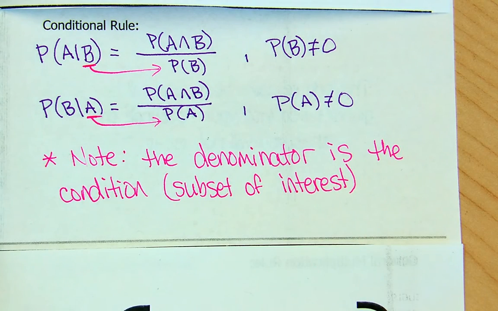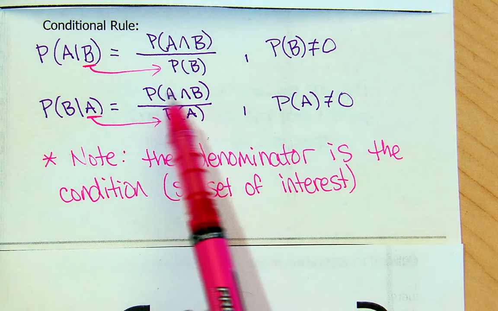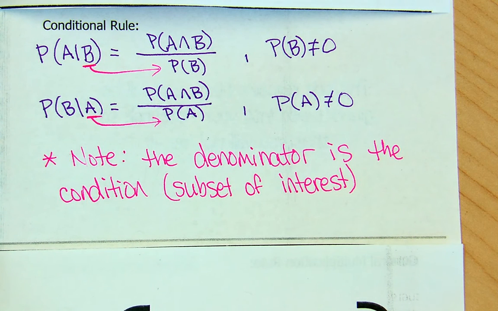So the given part, that's your denominator, and then the and part is probably both things happening, so that overlap part is on top. Questions so far?